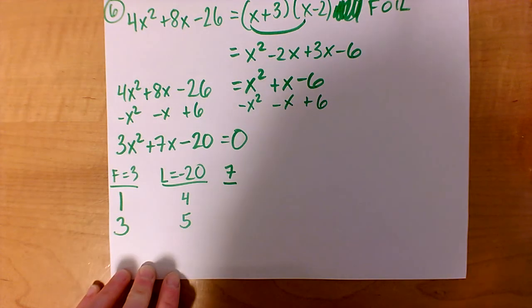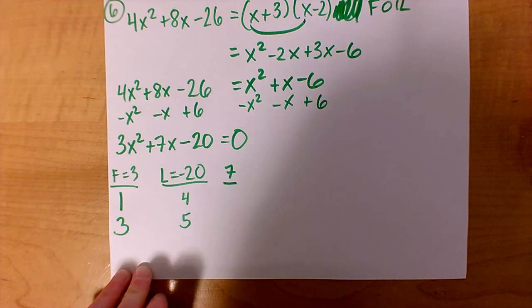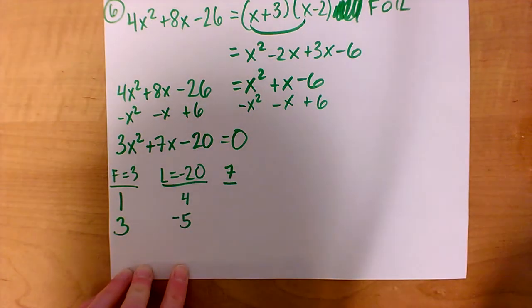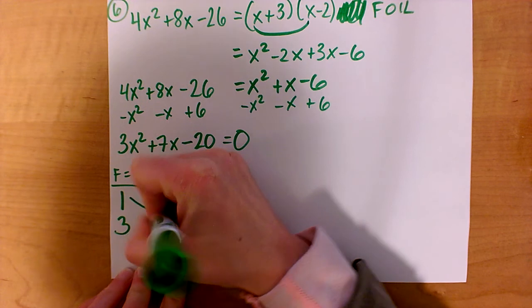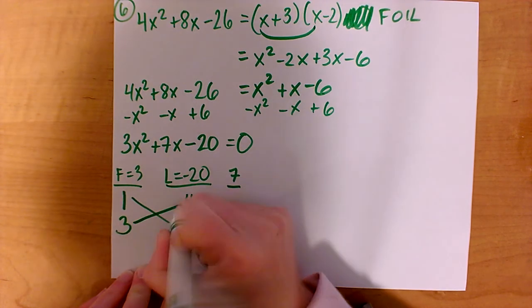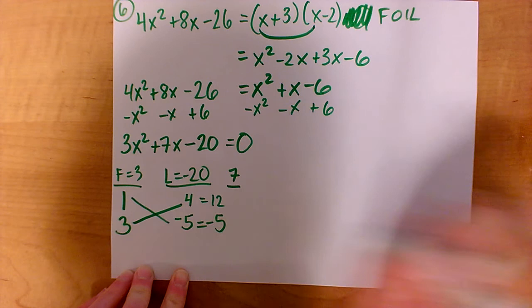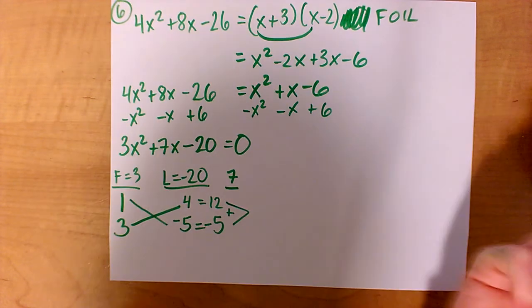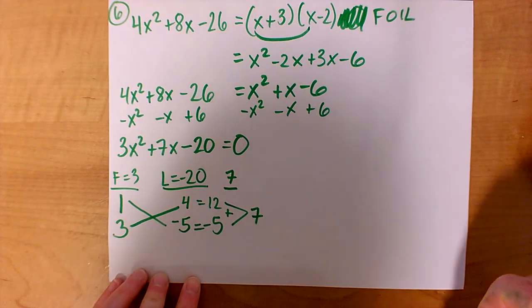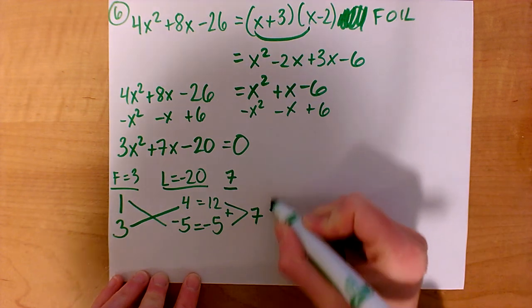And we want a negative 20, so one of them's going to have to be negative, and we have to end up with a positive 7. So we're going to make the 5 negative. If we cross multiply, we can do 1 times negative 5, which gives us a negative 5. 3 times 4 is a positive 12. We add that up. 12 plus a negative 5, or 12 minus 5, is positive 7. So that works out.